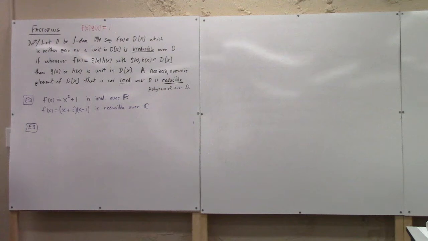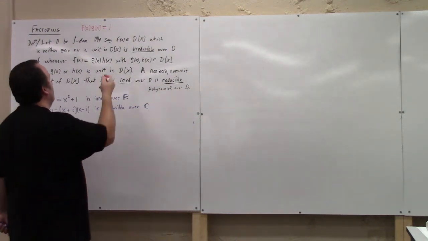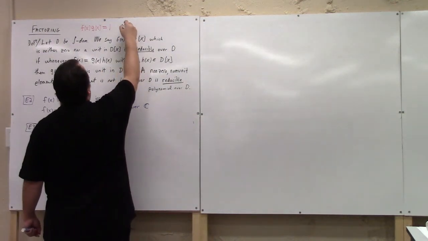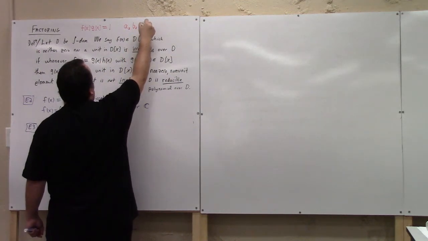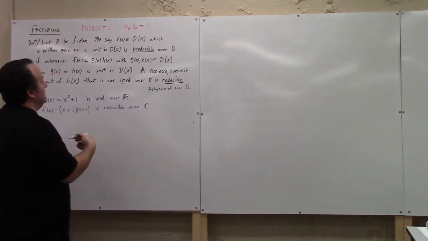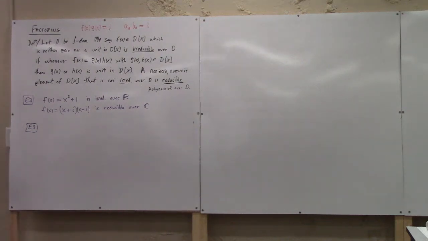Pretty much a0 times b0 has to equal 1, and all the higher coefficients in f of x and g of x have to be 0. So the units in the polynomials are just the constant non-zero polynomials.